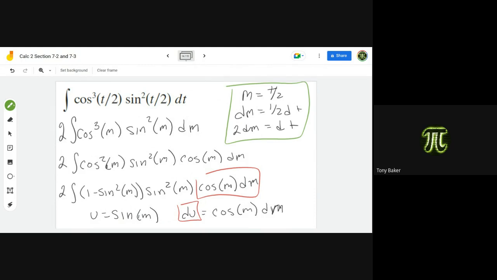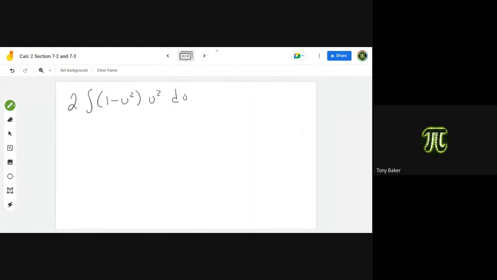No. If you don't get rid of it, you're fine, except when you do your sine of t over 2, you have to do the chain rule because now you have a function inside of a function to do your derivative of it. So I ended up with u to the third over 3 minus u to the fifth over 5 plus c. Right. And my u is sine of t over 2.